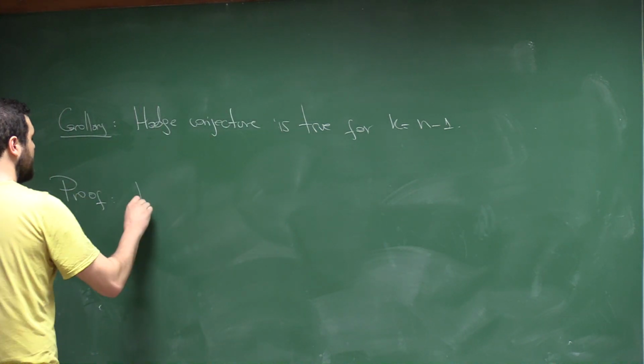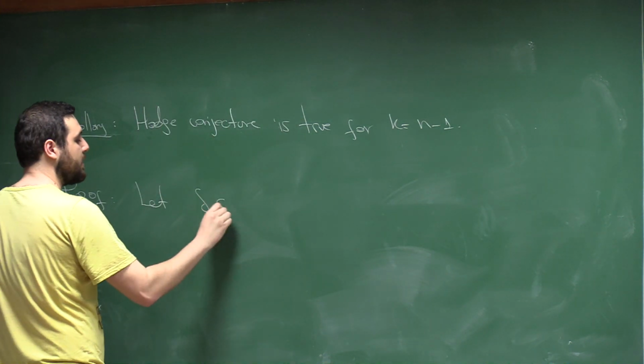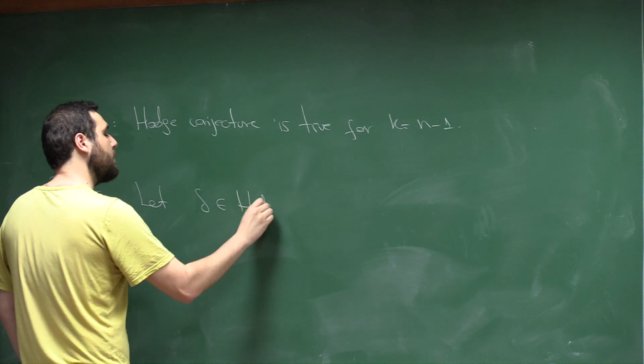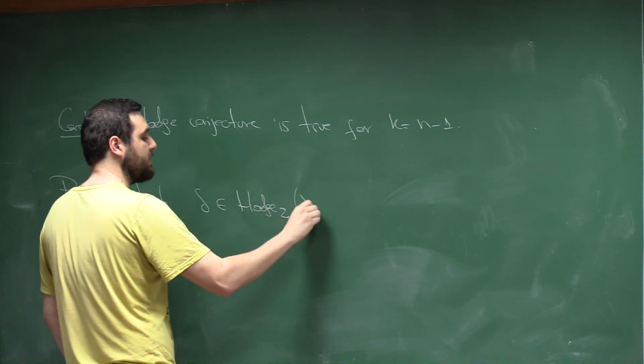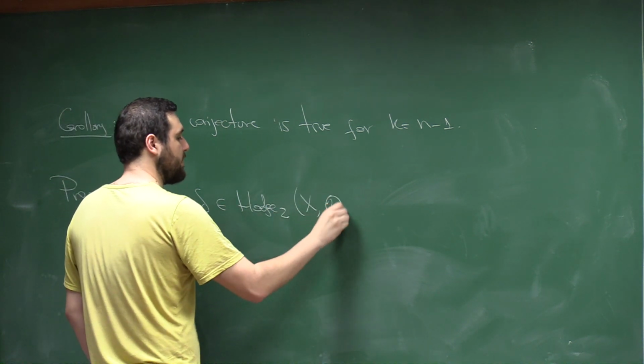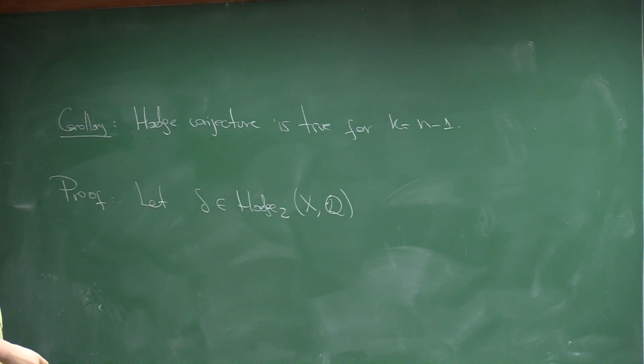So let delta be any Hodge cycle in the second homology group with rational coefficients, right?